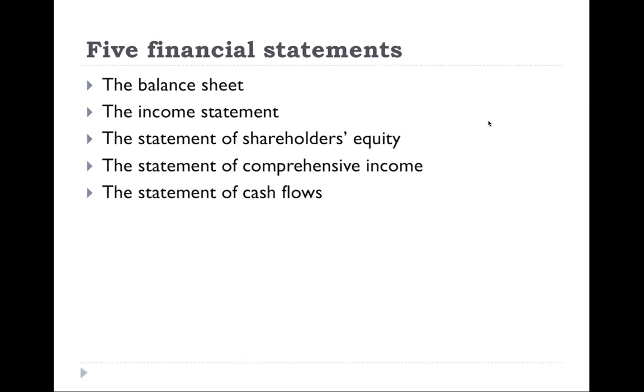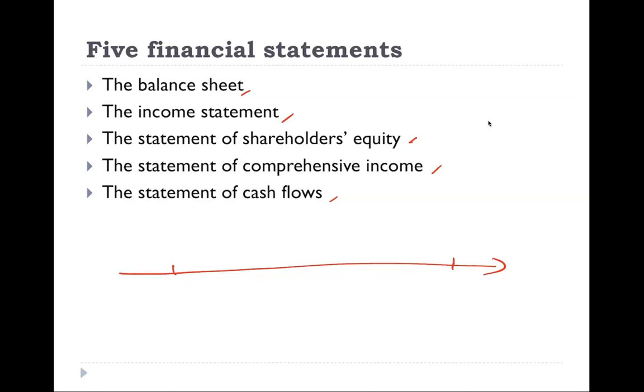So the 9-step accounting cycle basically produces 5 financial statements. Those statements are called the balance sheet, income statement, statement of stockholders' equity, statement of comprehensive income, and statement of cash flows. And the balance sheet is what we call a point statement, or a stock statement.